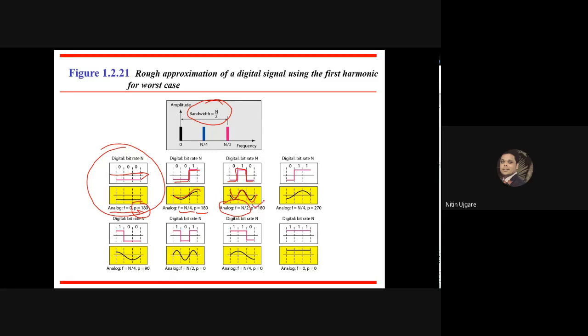Even this kind of digital signal has a phase shift of 180 degrees, and so on.